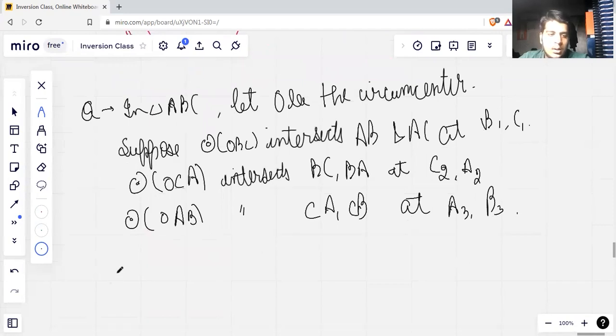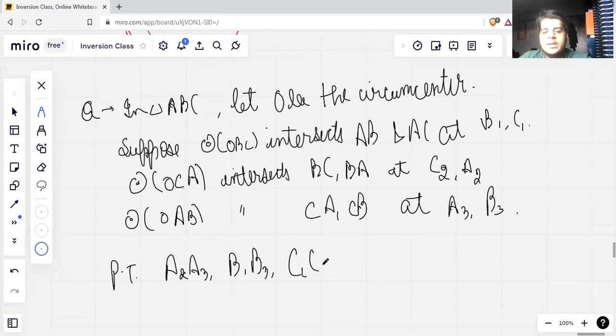Then prove that A2A3, B1B3 and C1C2 are concurrent.